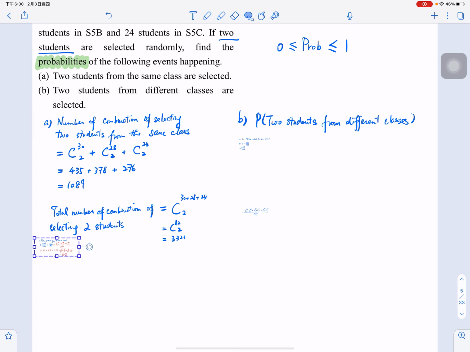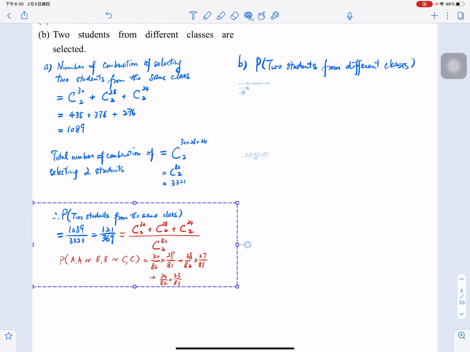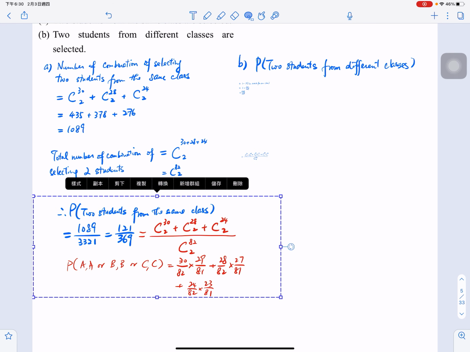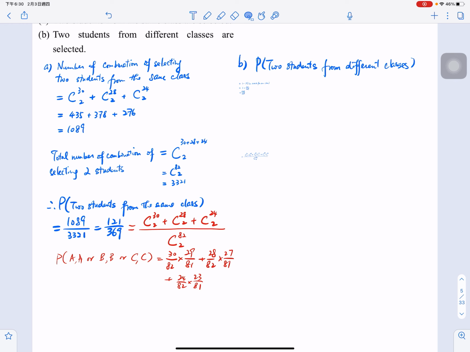Here, let's enlarge it, and you can get it. Probability of 2 students from the same class: this one, 1089, over the total 3,321. So as a result, this is the answer, 121 over 369.